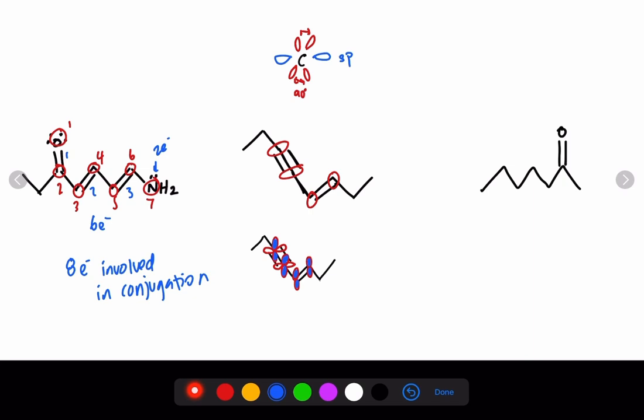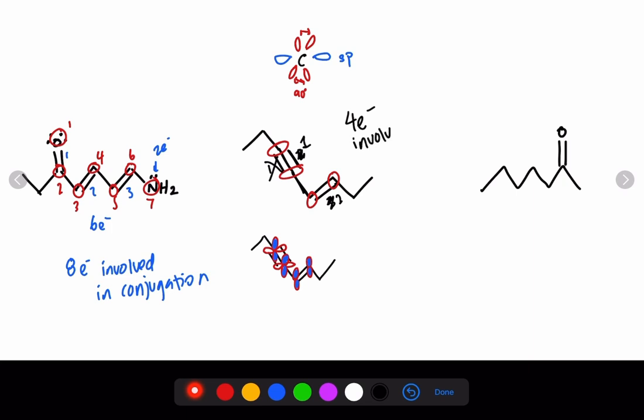It might be tempting to say that 6 electrons are involved in conjugation because we have 1, 2, 3 pi bonds. But only 4 electrons are involved because we can only count 1 of the pi bonds. So it is actually only 2 pi bonds that are involved in conjugation. So there are 4 electrons involved.